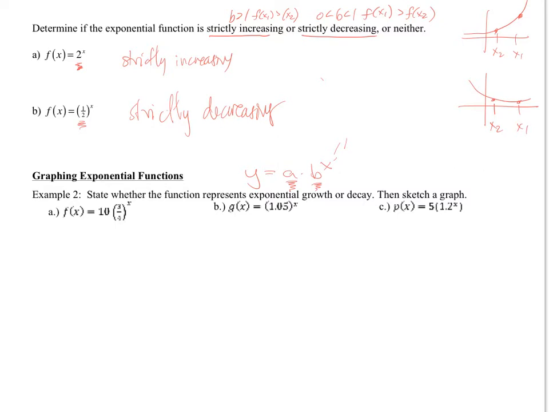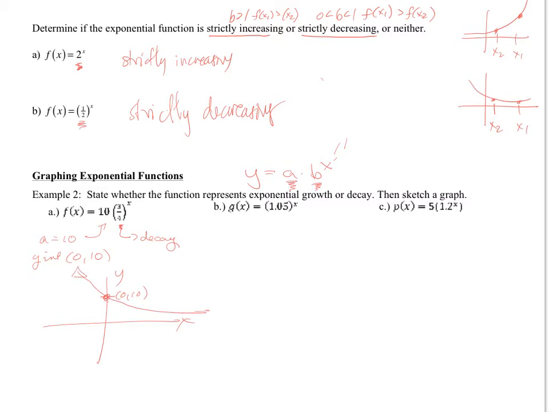So in the first example, you see that b is between 0 and 1. This implies that we are dealing with exponential decay. Now the a value is equal to 10, so we know that the y-intercept is 0, 10. So to sketch a graph of this exponential function, plot the y-intercept and demonstrate that you are dealing with exponential decay.